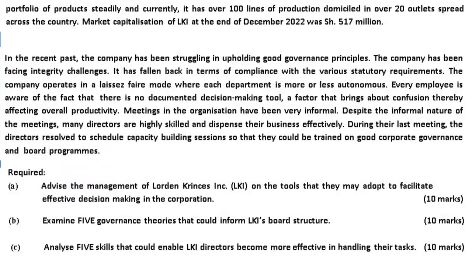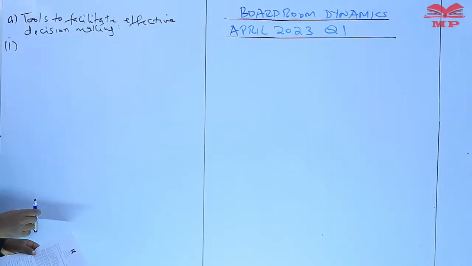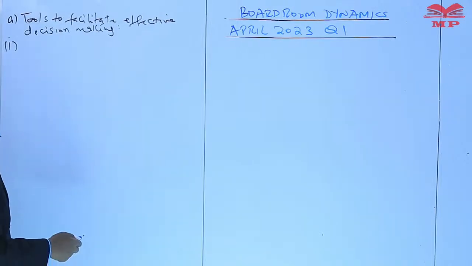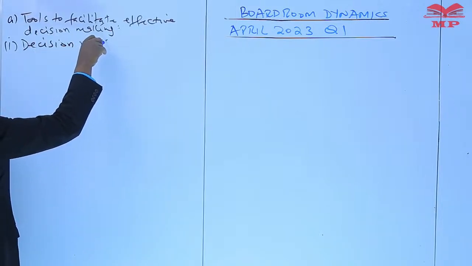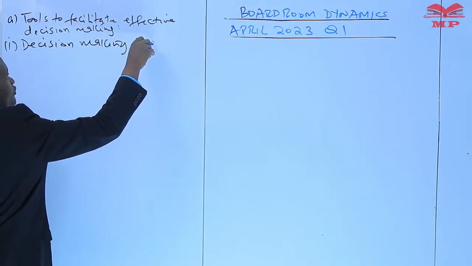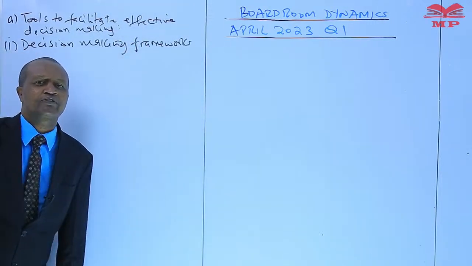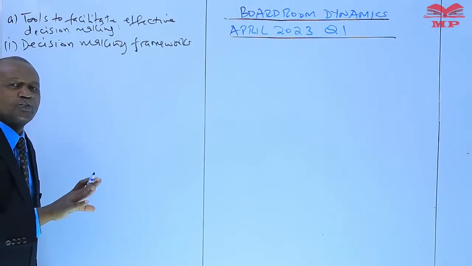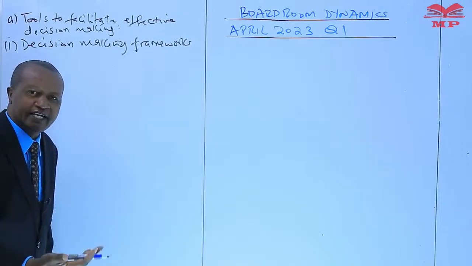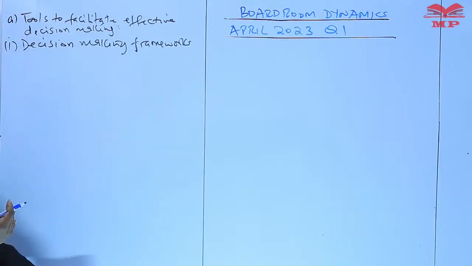The first one could be what we call decision-making frameworks. The company could adopt decision-making frameworks. What are these decision-making frameworks? Implementing structured decision-making frameworks can provide a systematic approach to resolving issues and making choices.